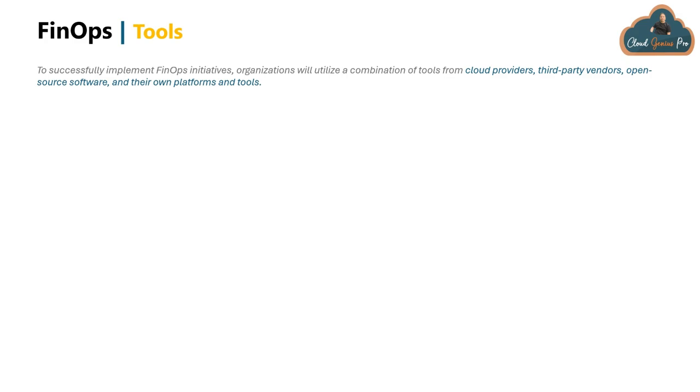There are third party tools available in the market. Sometimes the organization is open to adopting open source tools, and most of the time we see that organizations develop their own tools. It could be via native dashboards or native workbooks in Azure or Power BI dashboards.